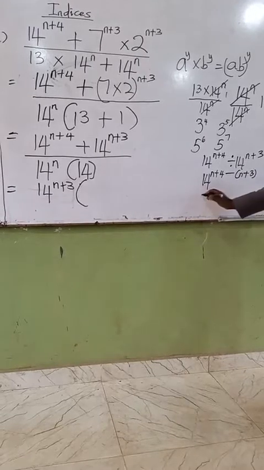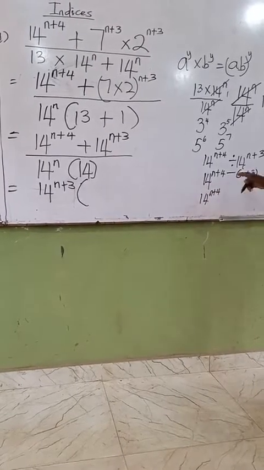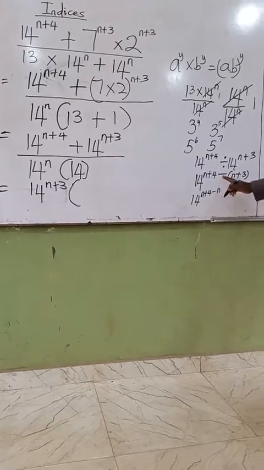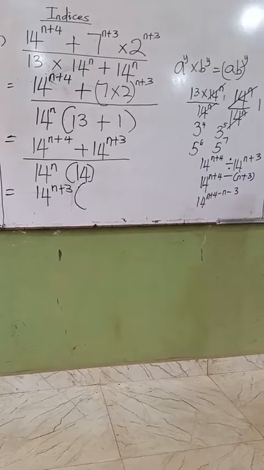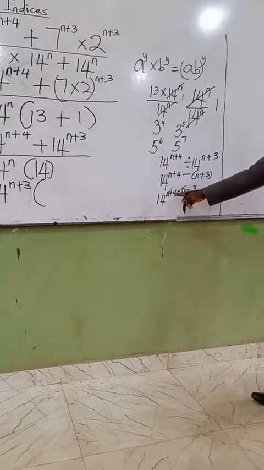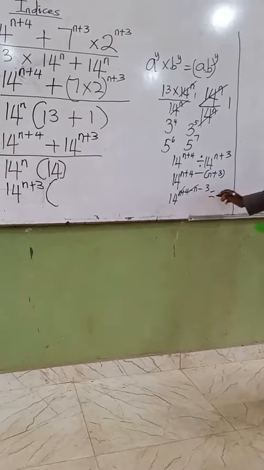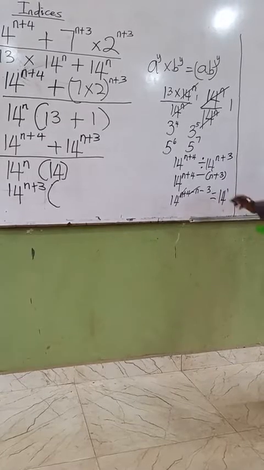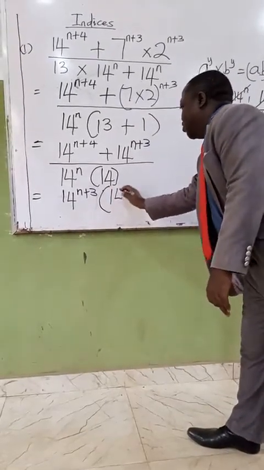Minus times plus is minus, minus n, and minus times plus is minus, minus 3. n cancels minus n, and we are left with 4 minus 3, which is equal to 1. So this is equal to 14 raised to power 1, which simply means 14.